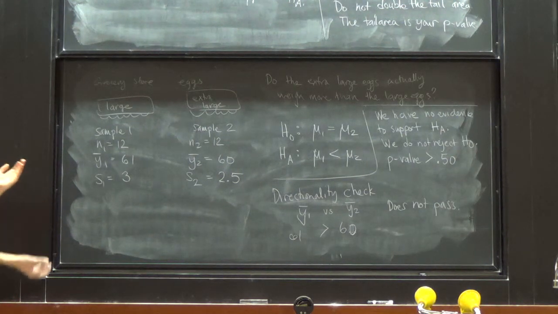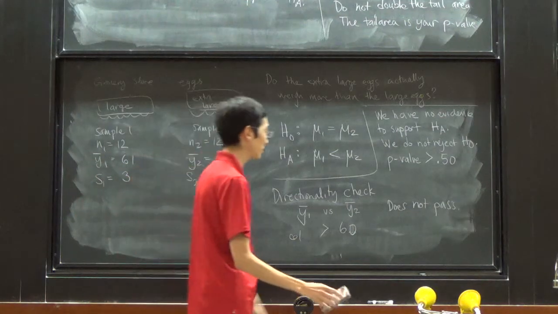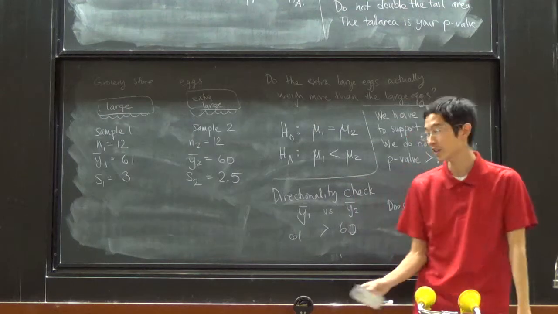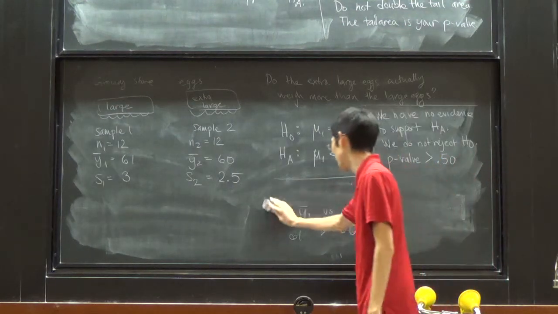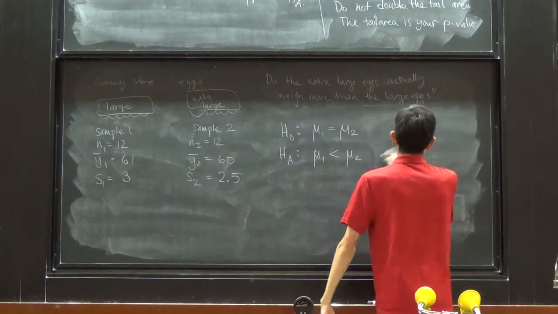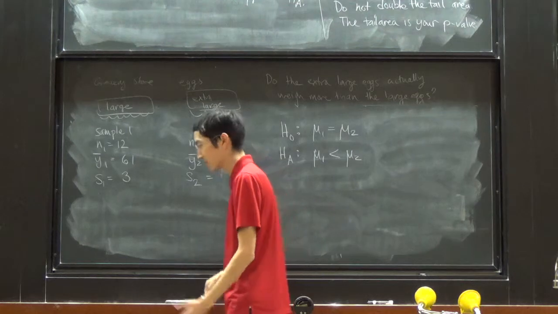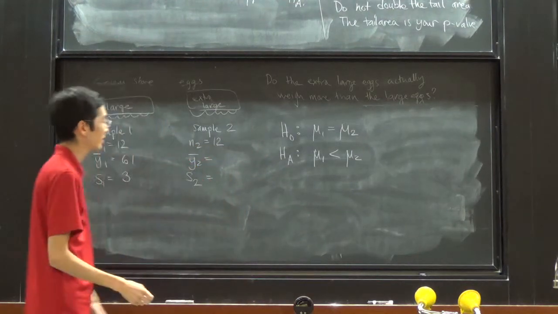Okay, so let me change the data. Let's say, oh, I realized I grabbed the wrong carton of eggs, and I thought it said extra large, but it actually just said large. Okay, so now I go back. I say, whoops. Let me get a real, what do you call it, carton of eggs?